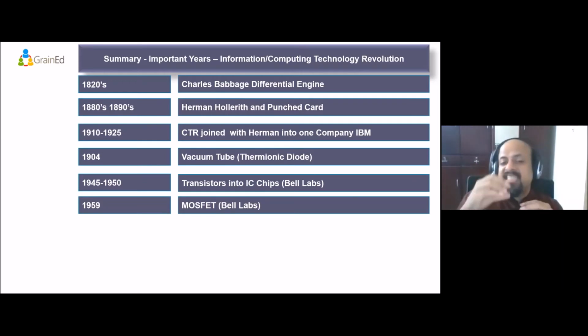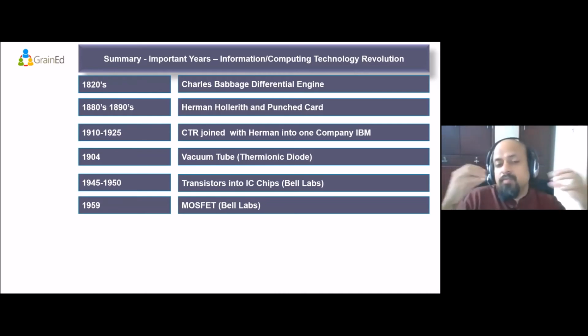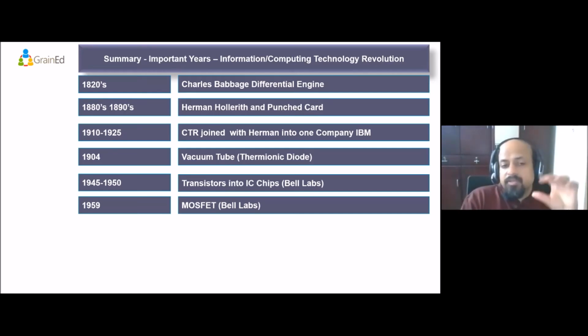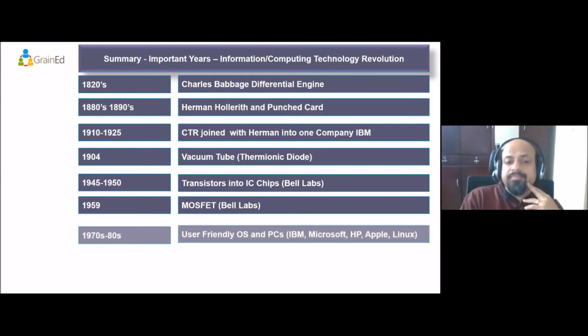MOSFET is metal oxide semiconductor field effect transistor. 1959 was one of the important years, because the revolution was huge, as it started becoming mini, micro, and then from thousands to billions of transistors. So these years are very important in the whole history.